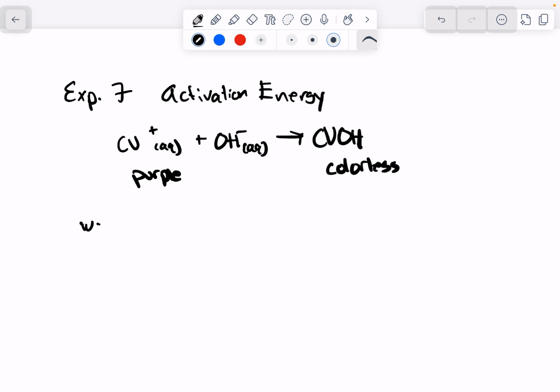So we want Ea. What we're going to do is use the Arrhenius equation to determine the activation energy.